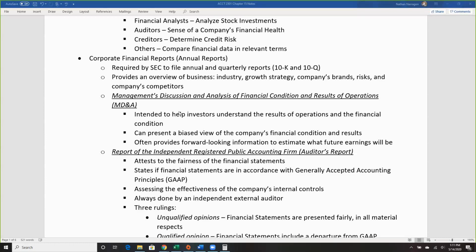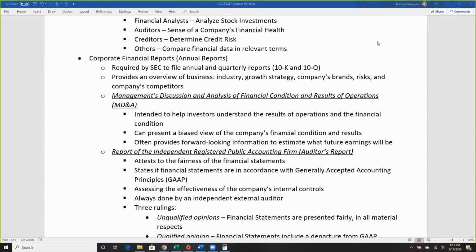Then we also have the classic, what most accountants do, the report of the independent registered public accounting firm, or better known as the auditor's report. In this audit report, basically what auditors do is attest to the fairness of the financial statements, making sure that they are correct.